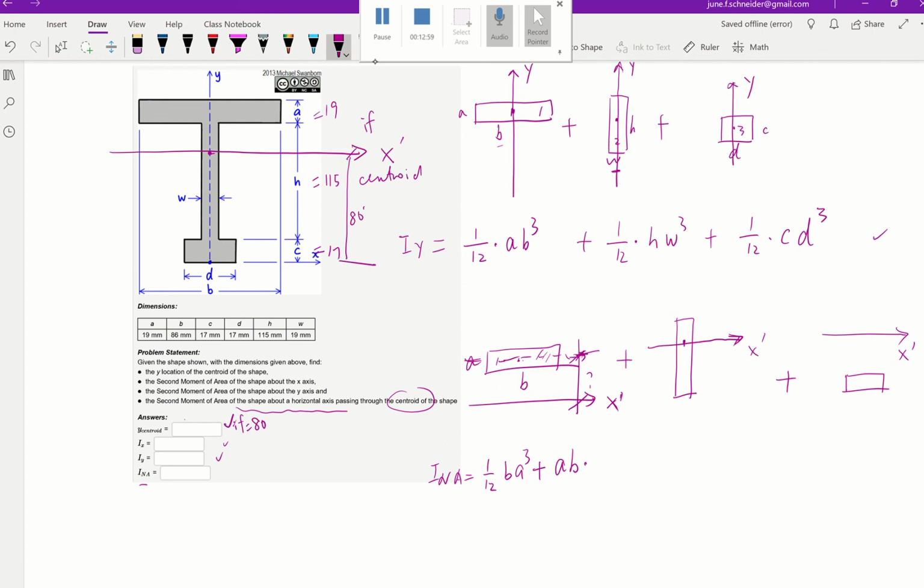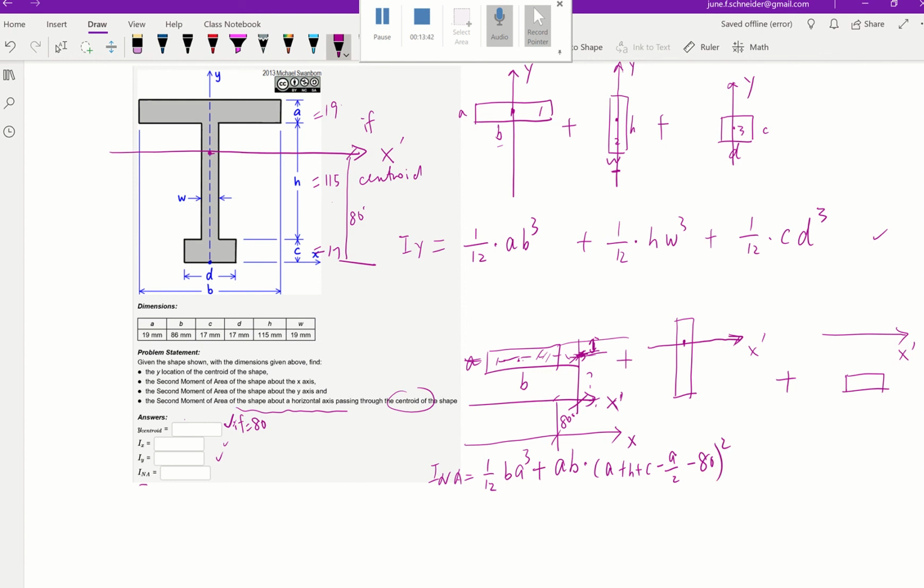Then we're just going to figure out, if this value is at the base, that's going to be the x-axis. If this is 80, and you want to figure out the distance here, what would that be? That would be the entire height, a plus h plus c, minus half of the a, then minus your 80, then squared. Okay, that would be something like that.